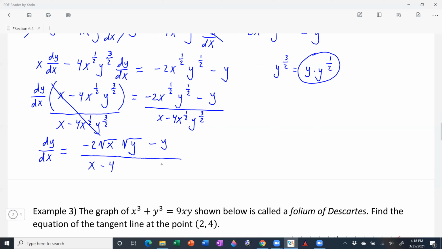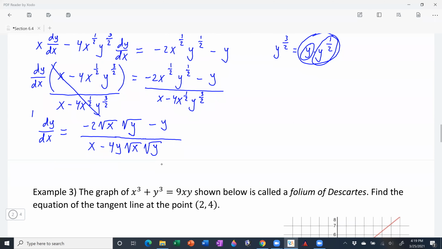So I'm going to have a single y out there, that's this y, and then there's this radical x and the leftover radical y. Not really any real reason to do that, but that would be one option. So I'll go ahead and put a box around that, just for a nice, clean looking answer.